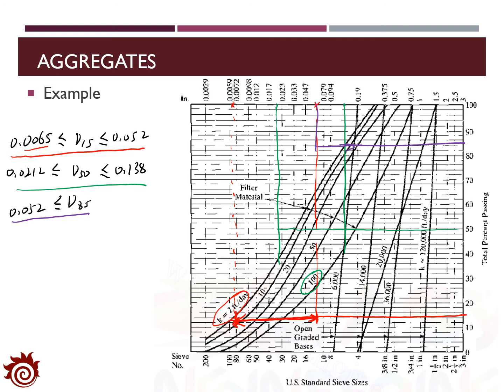Any place higher than this value should be fine. So all the lines satisfied. With that, we should say that K equal to 10, 20, and 50. These 3 types of materials are fine for the subbase.